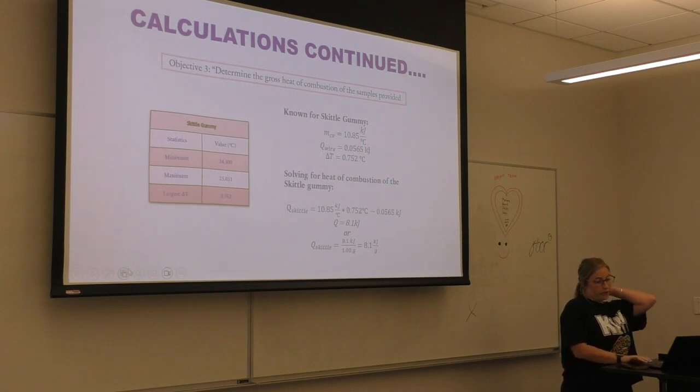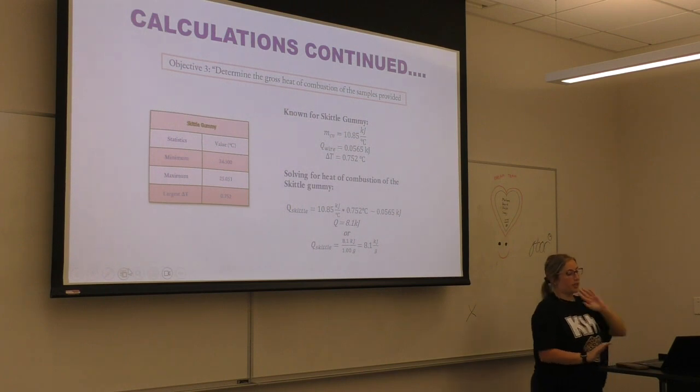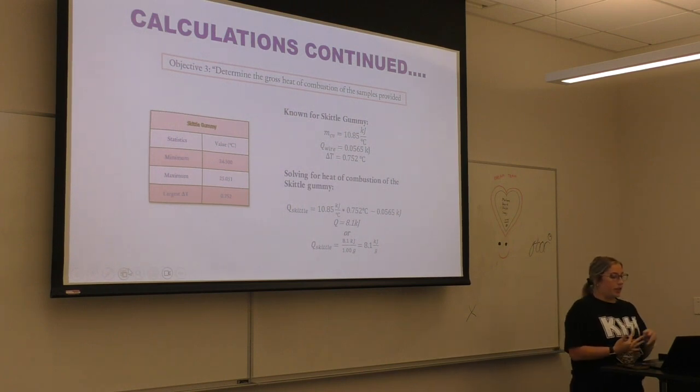To solve for the heat of combustion for the Skittle gummy, we did the thermal capacitance times the change in temperature minus the combustion of the wire, and that gave us a value of 8.1 kilojoules per gram.